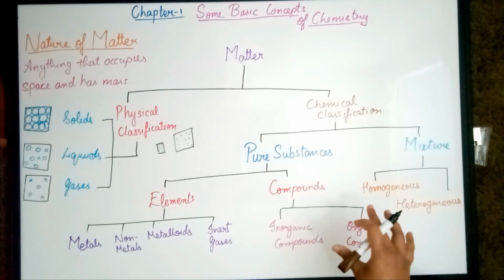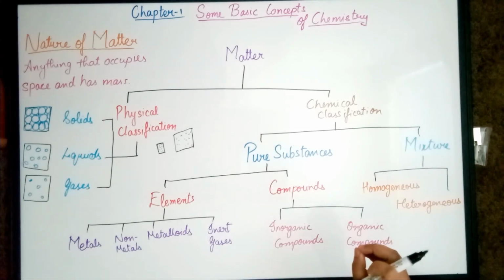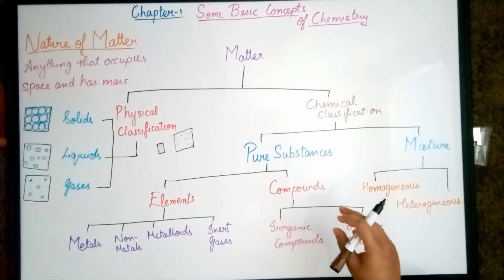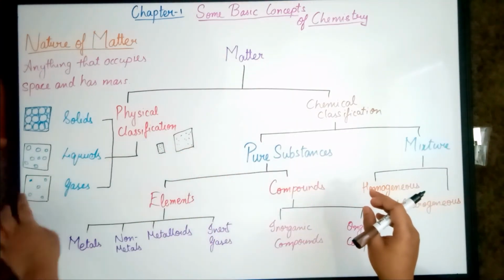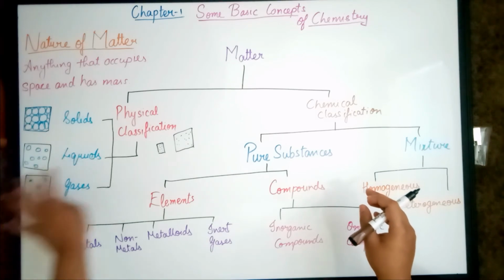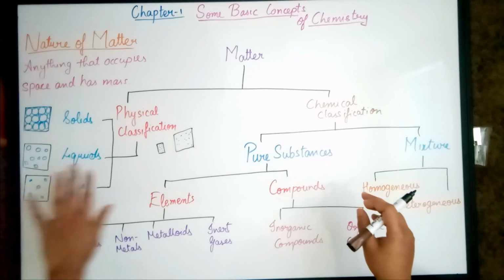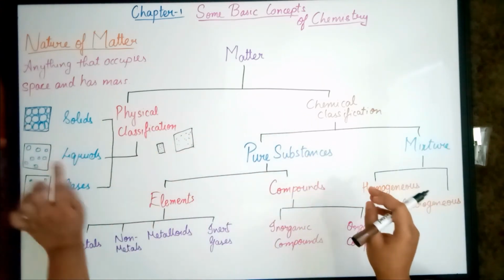Next is the chemical classification. Here's where things are a little bit, I wouldn't say complicated, a little bit technical. As I told you before, in chemical classification, we are concerned with what these particles have. In physical, we just said, okay, these are particles, and they're so far apart. But when we talk about chemical classification, we are concerned about what these contain.